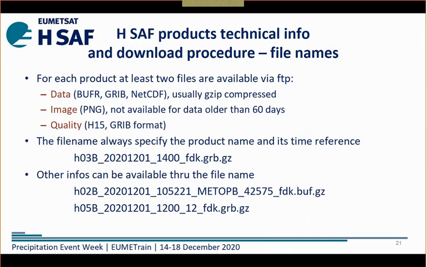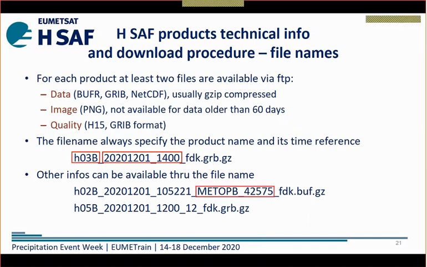All the file names always follow some rules to help identification. First, the name of the product. Second, the day and time reference, usually in the form year, month, day, hour, and minute. Only for H02B there are also the seconds. And sometimes there is other information.